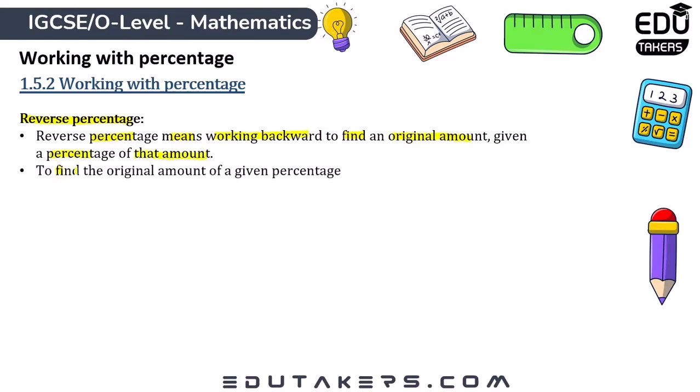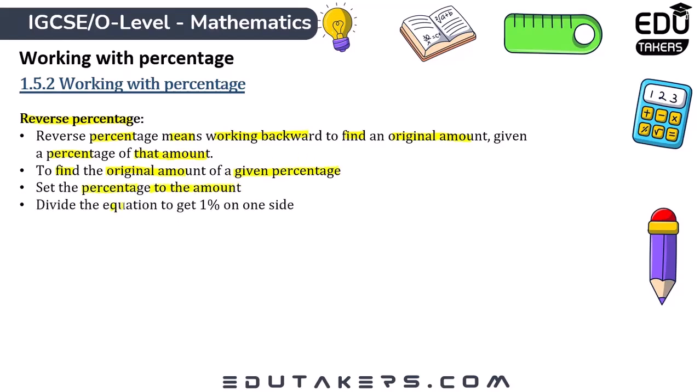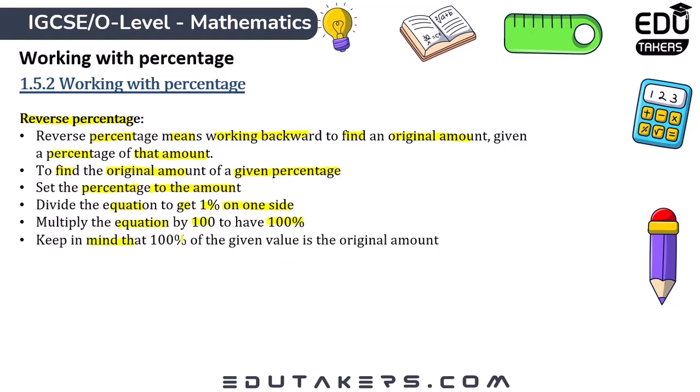To find the original amount, set the percentage equal to the amount. Divide the equation to get 1% on one side. Then multiply the equation by 100 to have 100%. Keep in mind that 100% of the given value is the original amount.